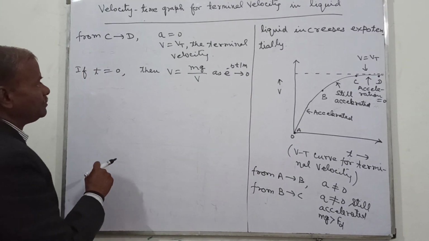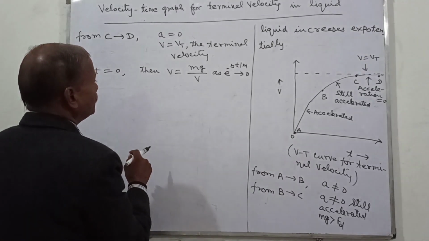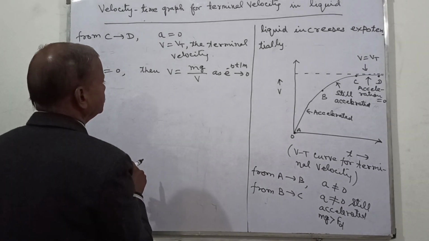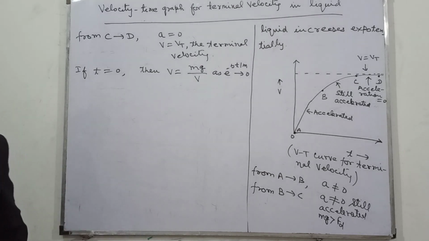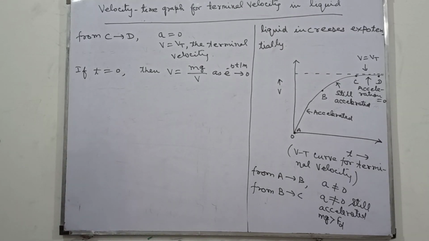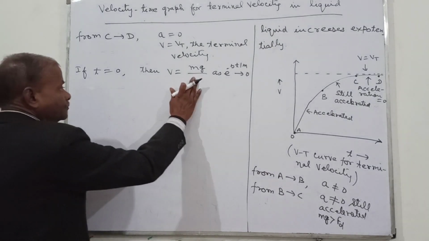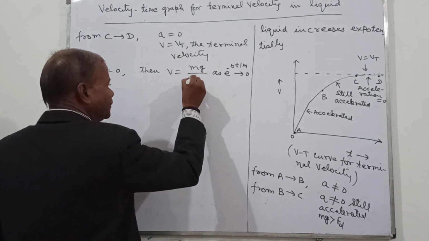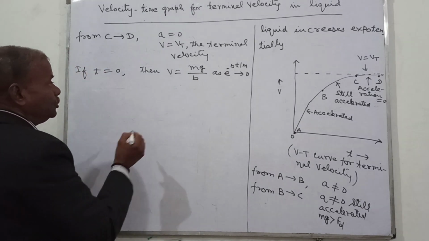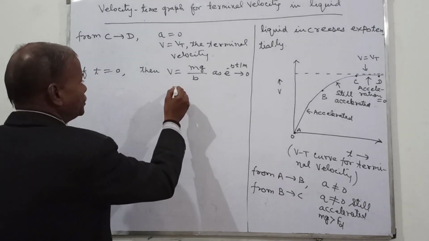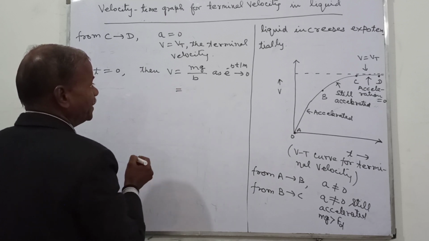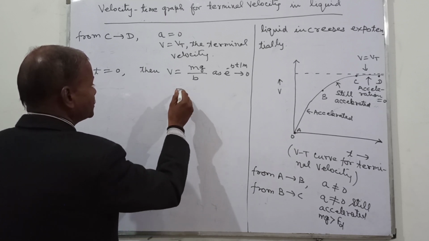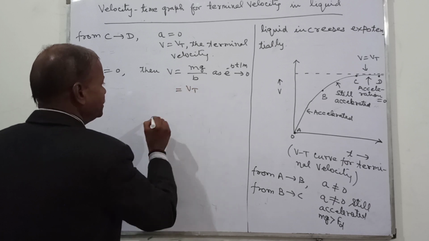So now this is mg upon b, and this is equal to v_t, where b equal to 6 pi eta r.